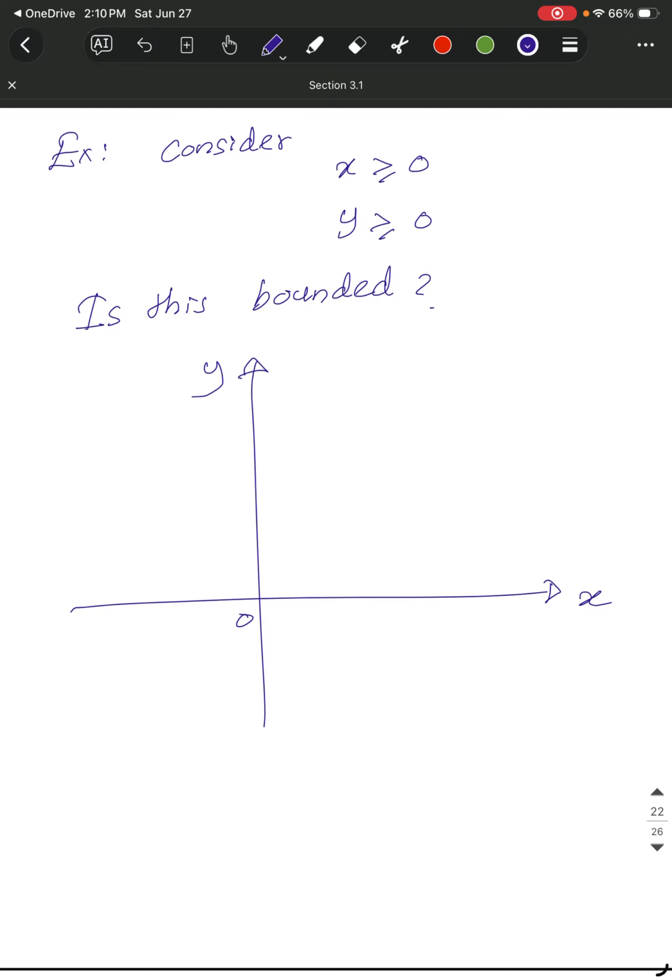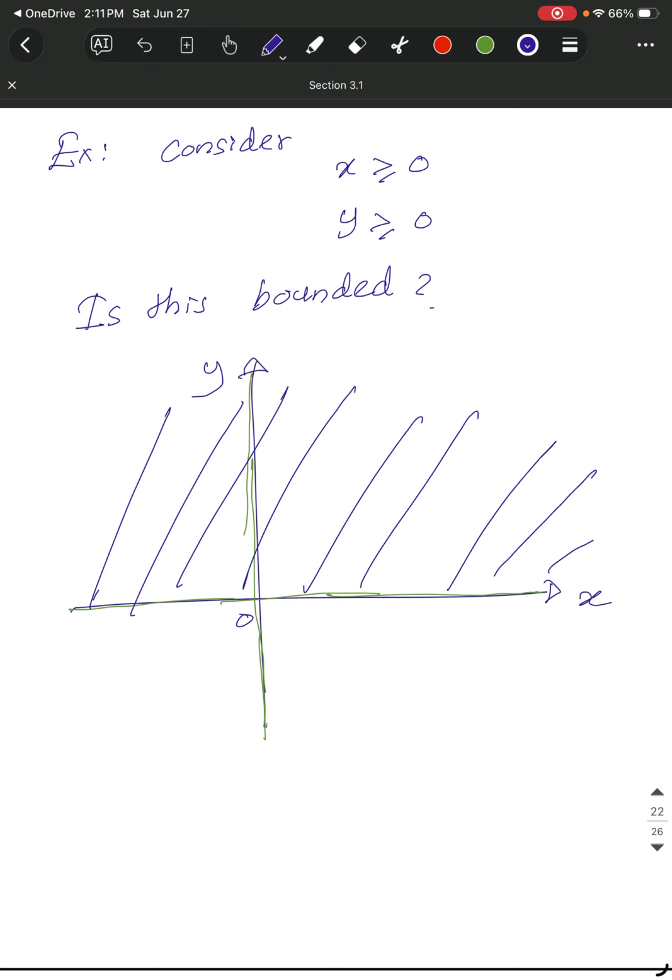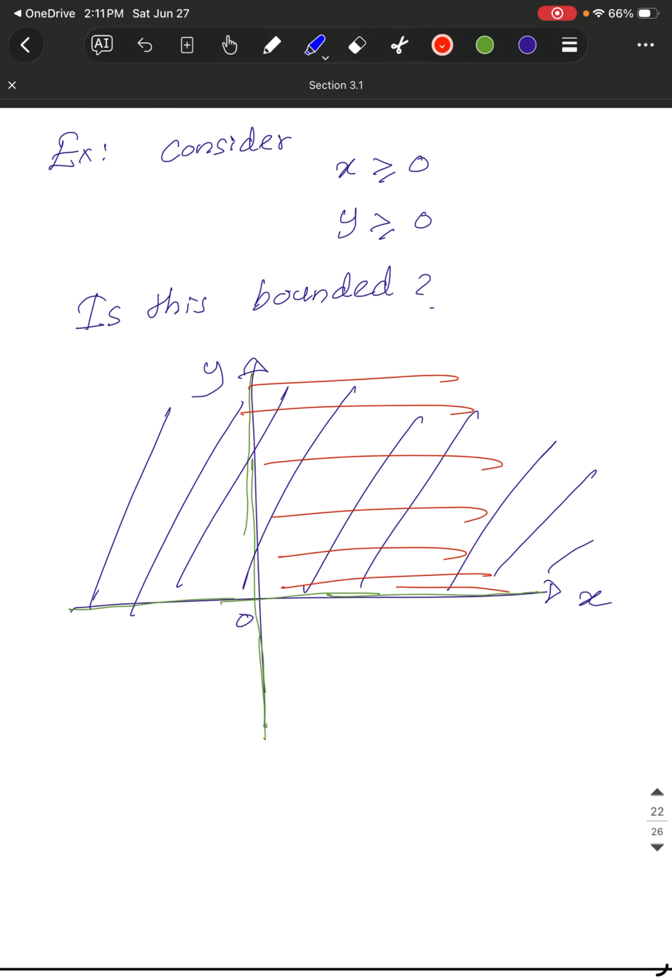We know that x equals 0 means y-axis, y equals 0 means x-axis. So the regions should be above the x-axis and greater than this. So the first quadrant continues forever.